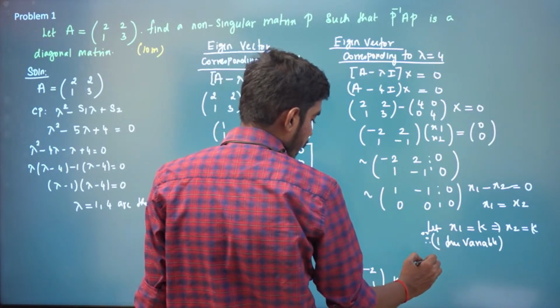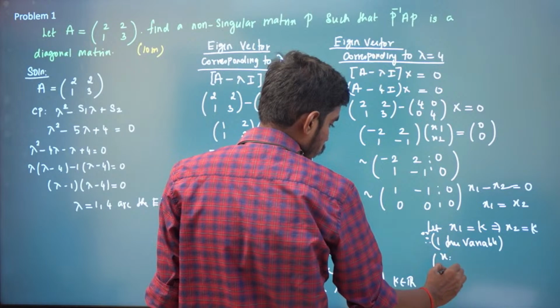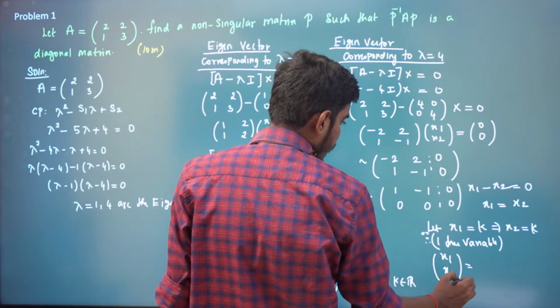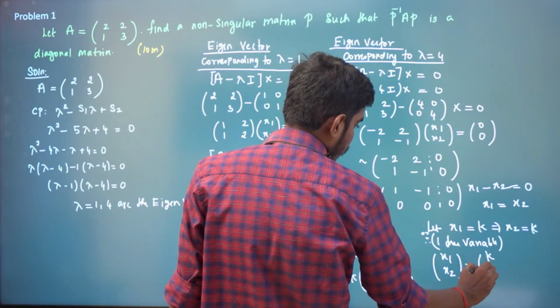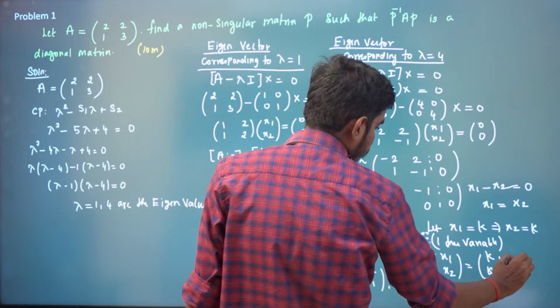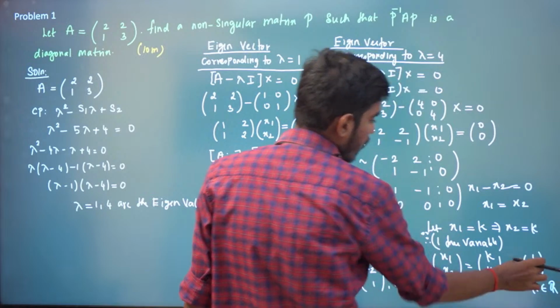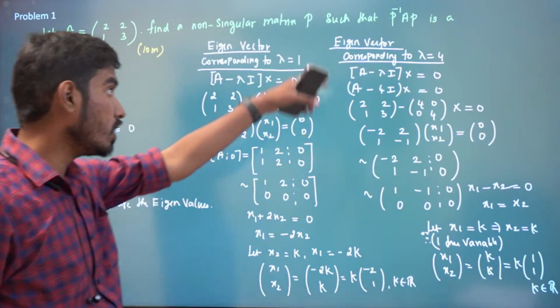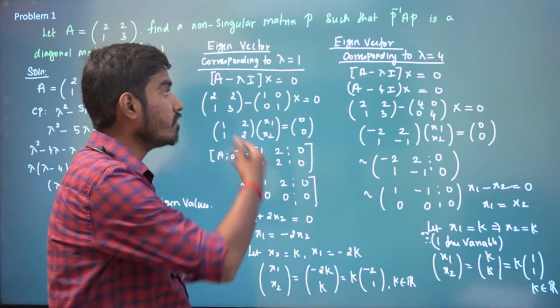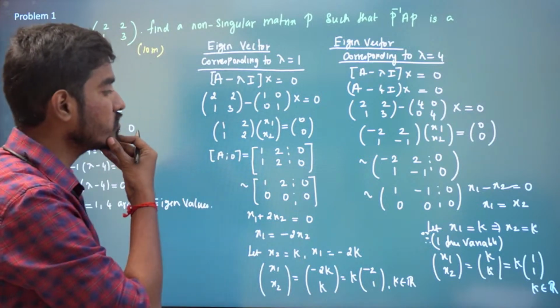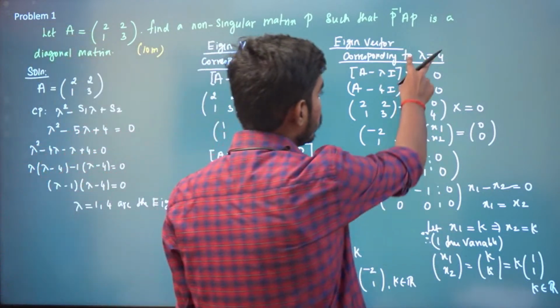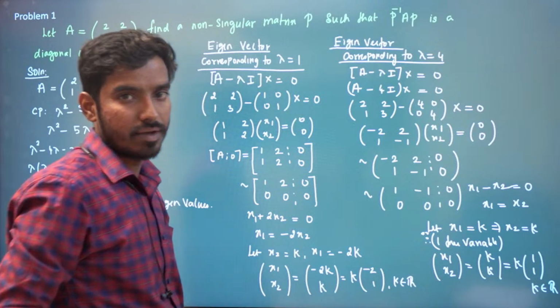Okay, so therefore the eigenvector corresponding to this eigenvalue is given by k comma k. So k times 1 comma 1, and this k belongs to the real numbers. So one of the eigenvectors is 1 comma 1 for lambda equal to 4, right?